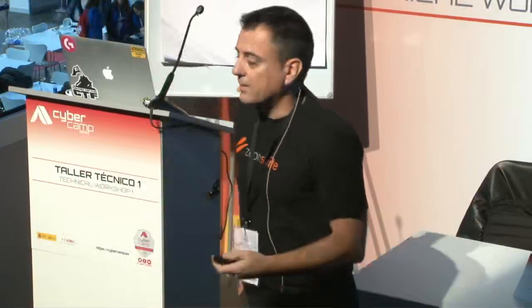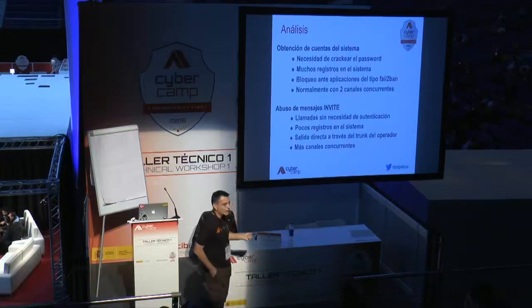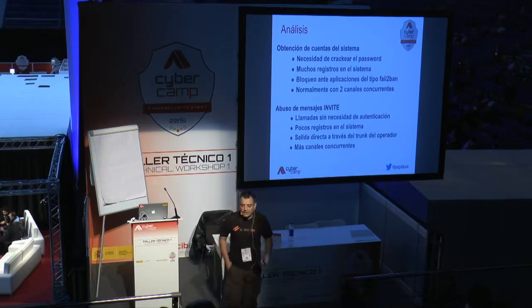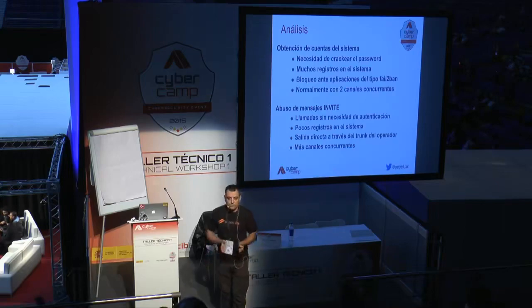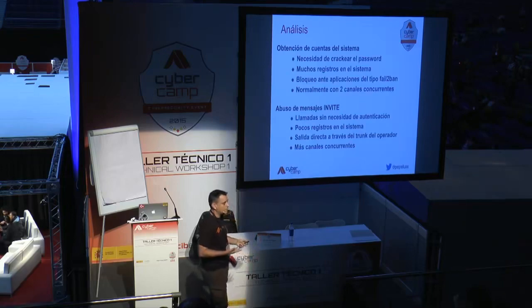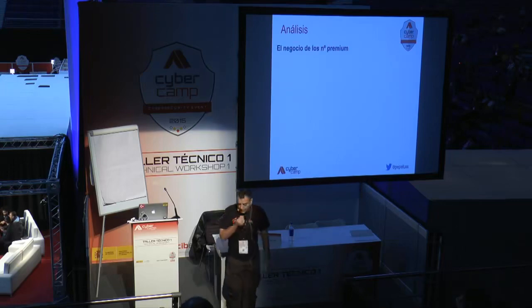But with invite messages, if the switchboard has a poor configuration, then we could make the phone call directly. There'll be no tracing, and the output will be through the operator trunk. So we can make a lot more phone calls.